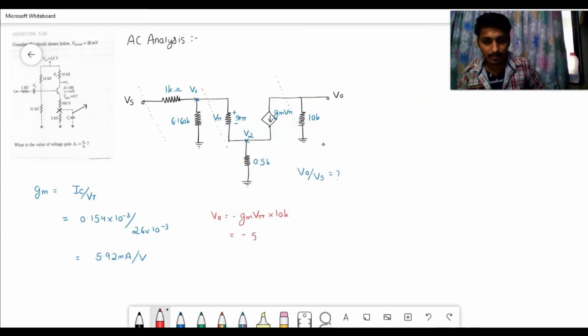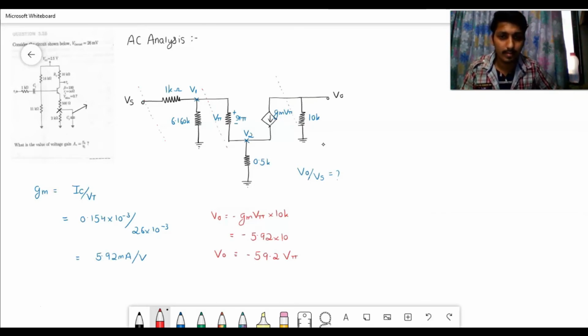So minus of 5.92 into 10 kilo, and milli gets cancelled. So it will come out to be 5.92 into 10, that is nothing but minus 59.2 v pi. This is nothing but v naught.